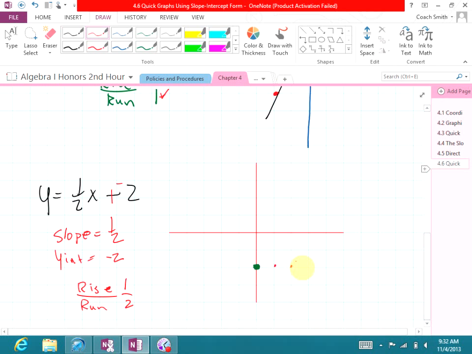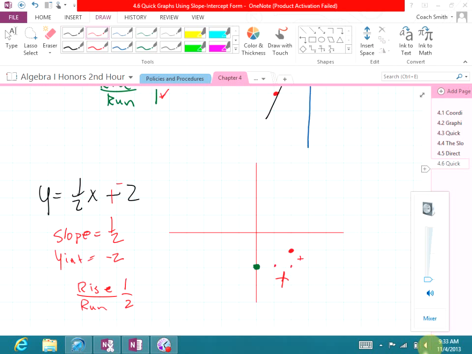Positive or negative? Positive. So to have a positive slope, I have to go up. If I go to the right, this is positive. So to go up, I go up 1. And this would be positive. So the two together make a positive slope.